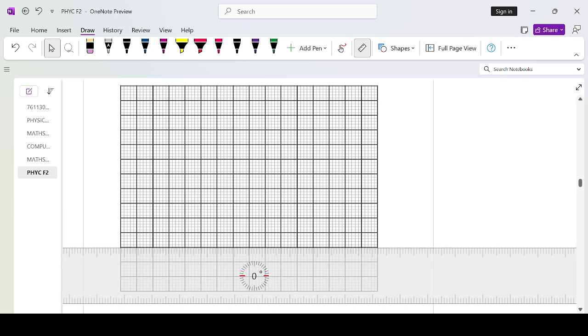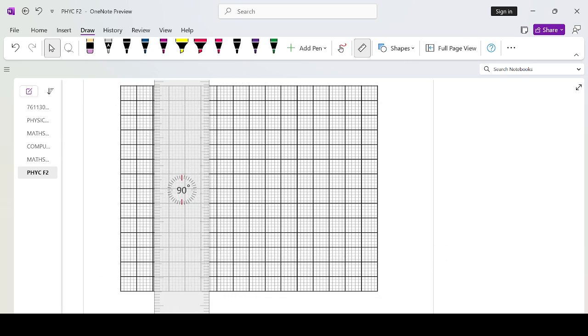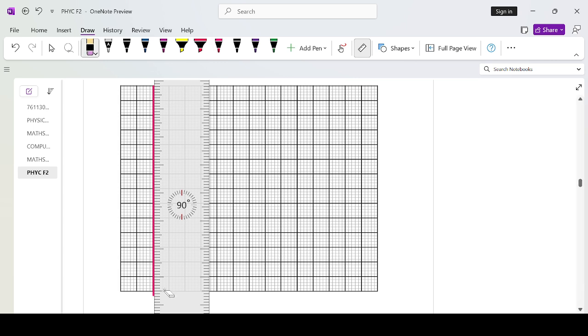I want to draw my y-axis. Let me use a red ink to make it distinguishable. I don't want to stretch it so much.